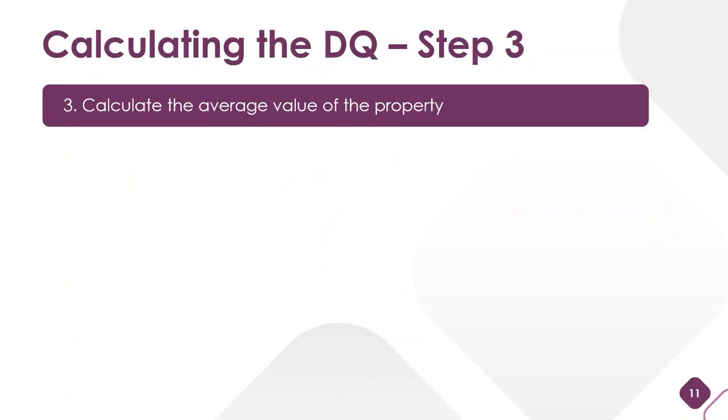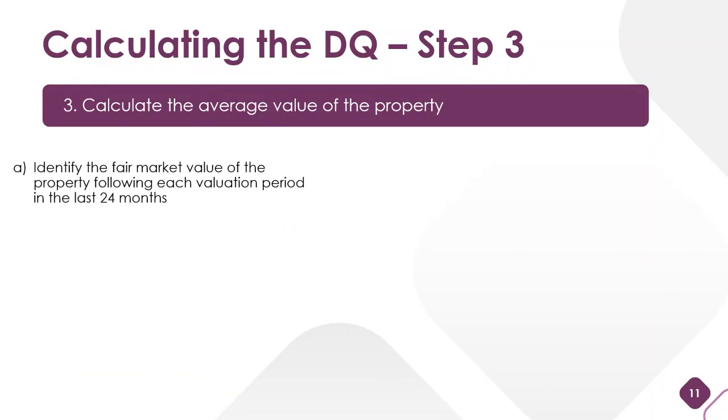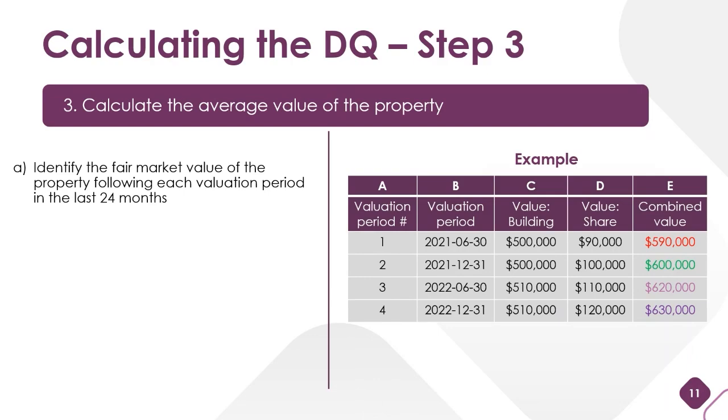Step 3, calculate the average value of the property. We begin with 3A, identify the fair market value of the property following each valuation period in the last 24 months. As per the valuation periods we determined in the last slide, column A shows that there are 4 valuation periods, and column B shows the dates of the valuation periods.